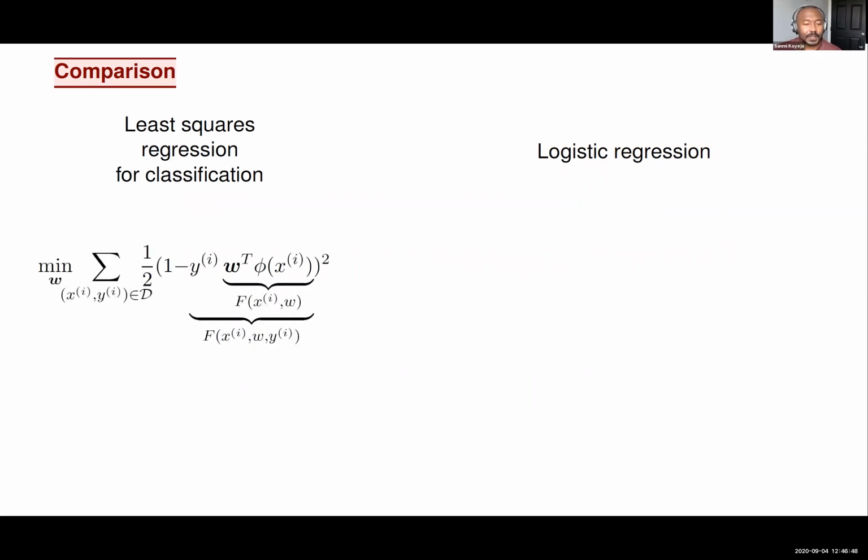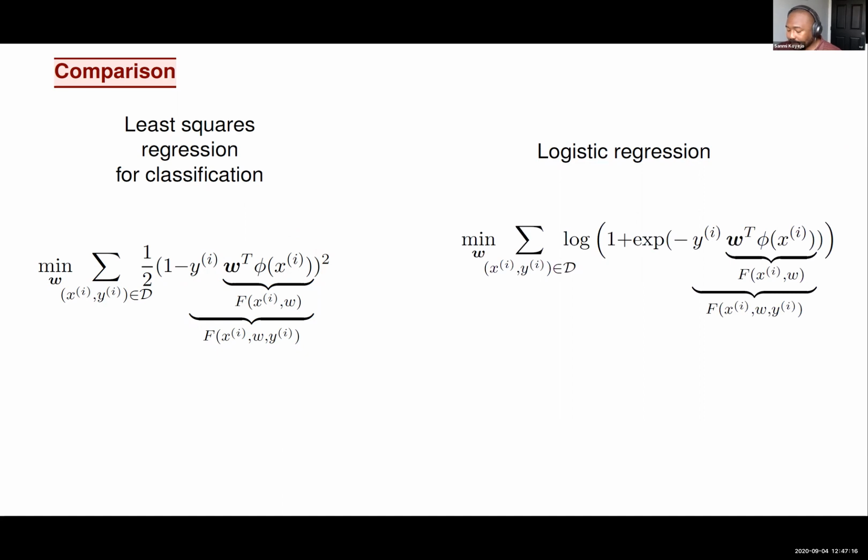If I look at least squares for classification, if you recall, the loss function that we ended up optimizing is the prediction, which is w transpose phi of x, multiplied by y, and then you do 1 minus y times the prediction, squared the whole thing, and then sum over the data set. So this was our loss function for least squares for classification.